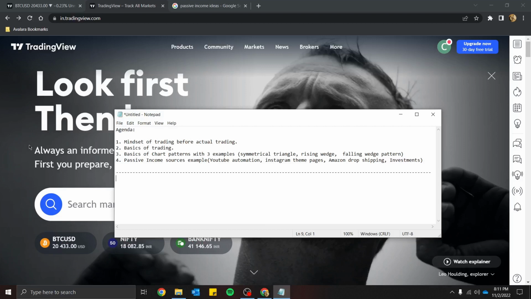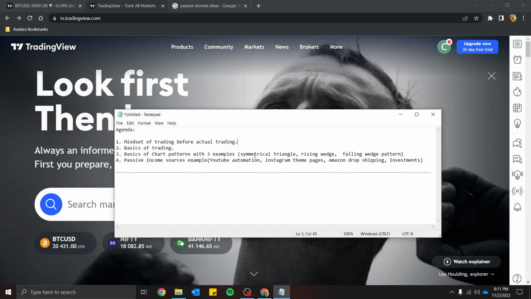So that was all about the mindset. Before doing actual trading, you should first prepare your mindset: what are you entering into trade for? Are you a real trader, or do you have a passion for trading or for studying the markets? What is the aim you are targeting by getting into trading?